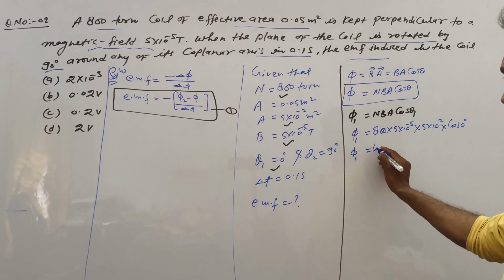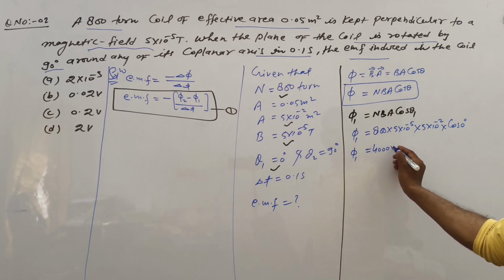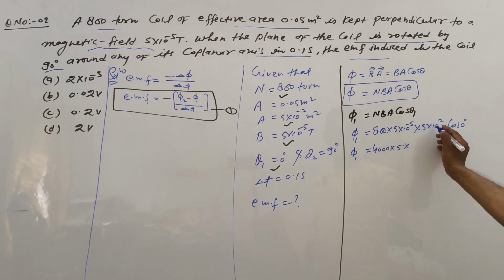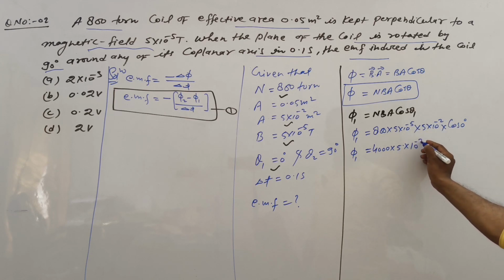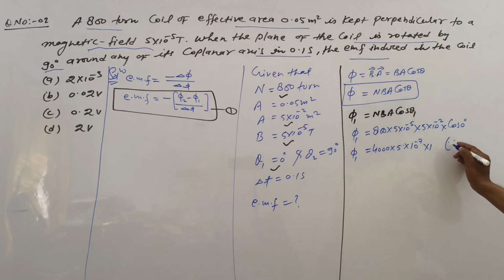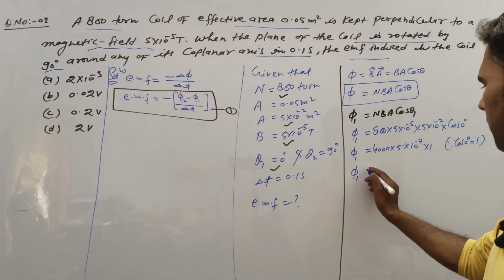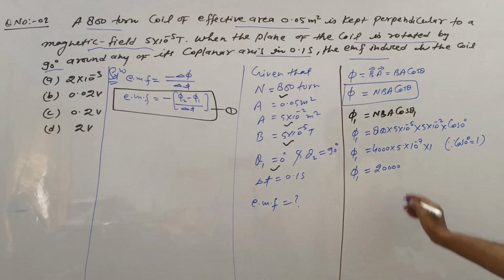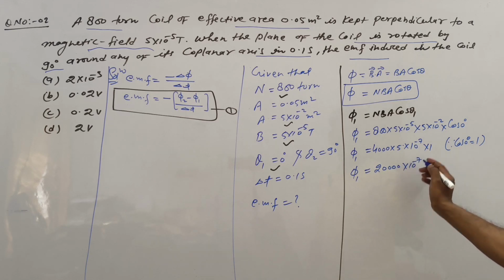8 fives are 40, double 0, multiplied again by 5 multiplied by 10 power minus 5 and 10 power minus 2, it will be 10 power minus 7. Very good. And cos 0 has the value 1. Now you can solve. Phi 1 is equal to 4 fives are 20, triple 0, multiplied by 10 power minus 7.